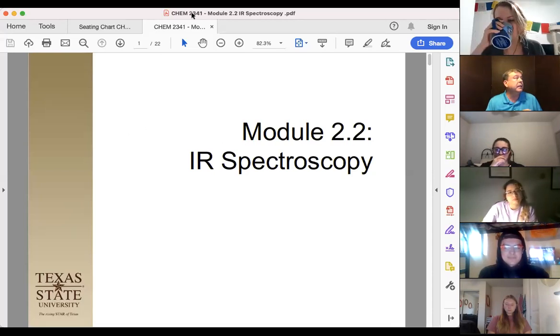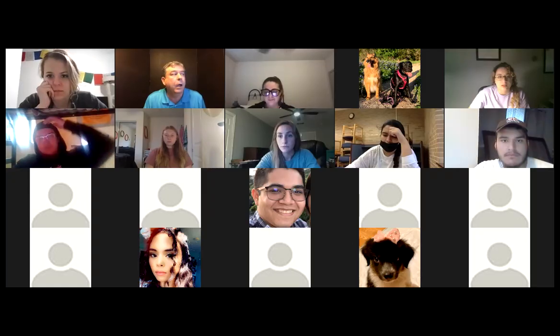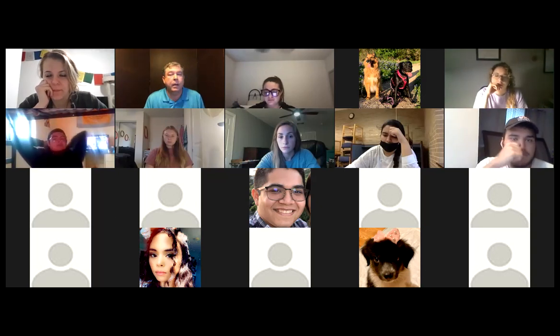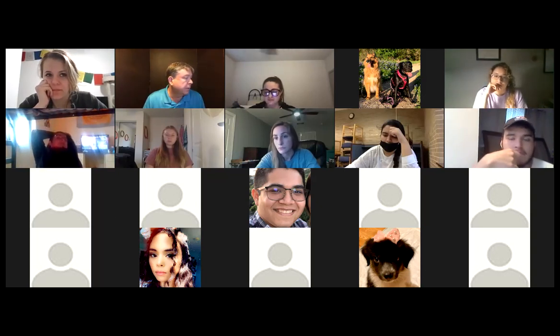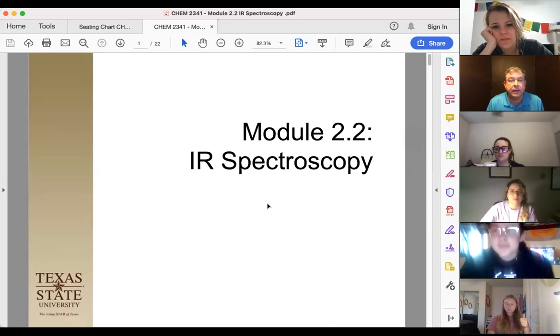So do we see the Acrobat Reader screen here now? Should say Module 2.2 IR spectroscopy. Can we see that? Yeah. I just see a white line down the middle of the screen. It was there and then it just kind of minimized itself. Okay, let's try again then. I'm going to share again. Yeah, if I move it, apparently it, there we go. All right, can we see that? Yeah, we can see it.